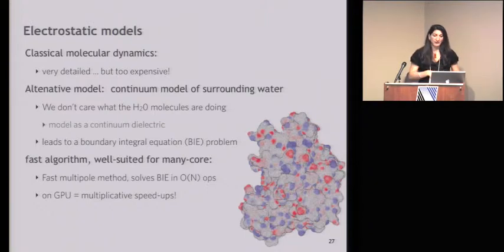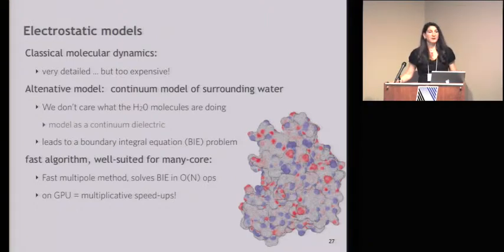This leads, as I said before, to a boundary integral equation. And for the boundary integral equation, we can use a fast algorithm, which it turns out is also well suited to many cores, not, of course, as well suited as our embarrassingly parallel all pairs interaction, but enough that we can get reasonable speedups in comparison to, say, something like low order finite difference.